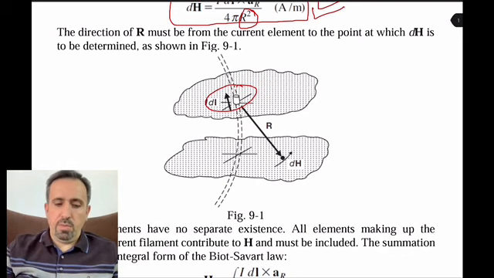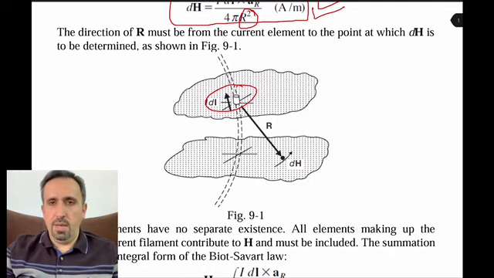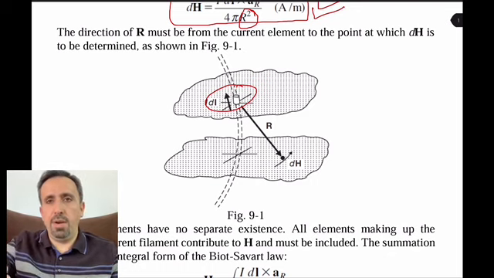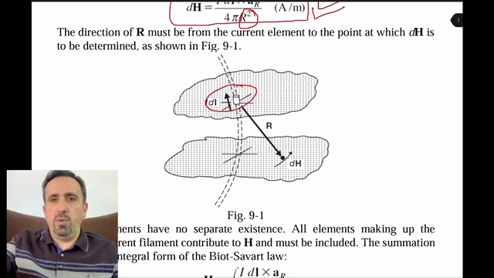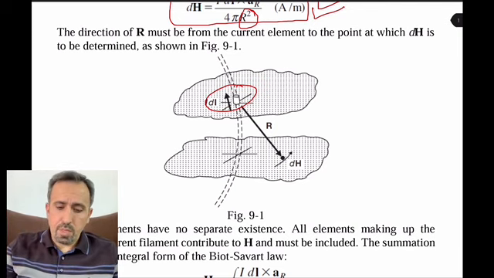So the point of observation will be around the existence of the current. For example, if you have a certain wire, then the point of observation will be somewhere around it. So this is the vector R.